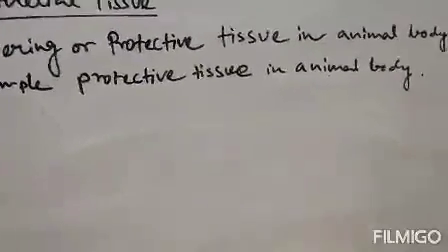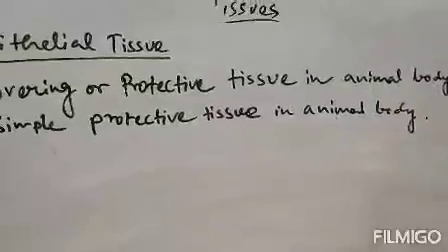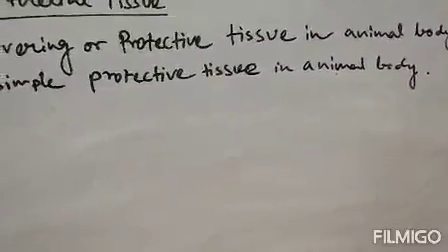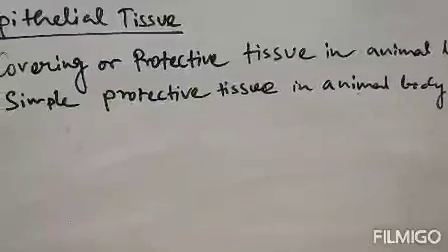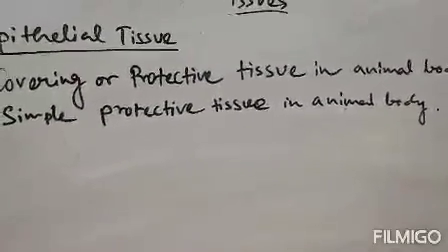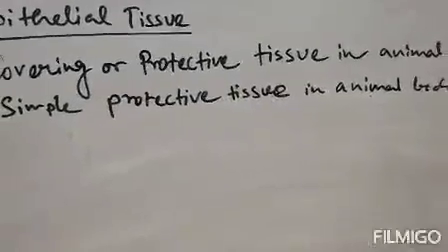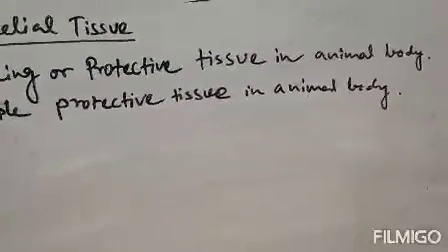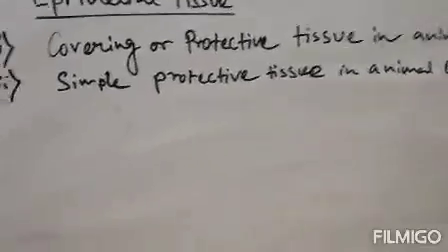They have a very small amount of cementing material between them, and these tissues act like a barrier to keep different body systems separated from each other.